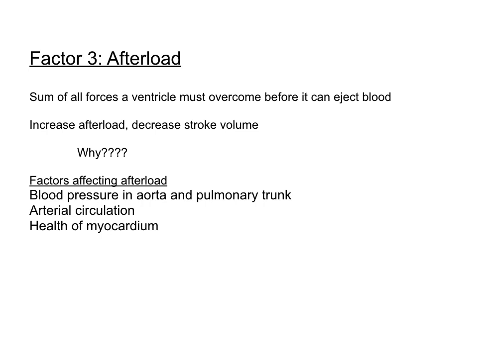And that in order to eject blood and open those semilunar valves, your ventricles must create more pressure than in those arteries. So your left ventricle has to be able to get above 80 millimeters of mercury, and your right ventricle has to get above 10 millimeters of mercury.